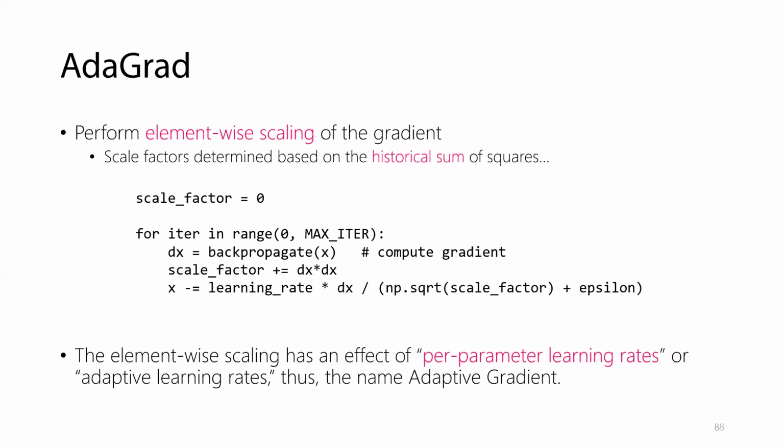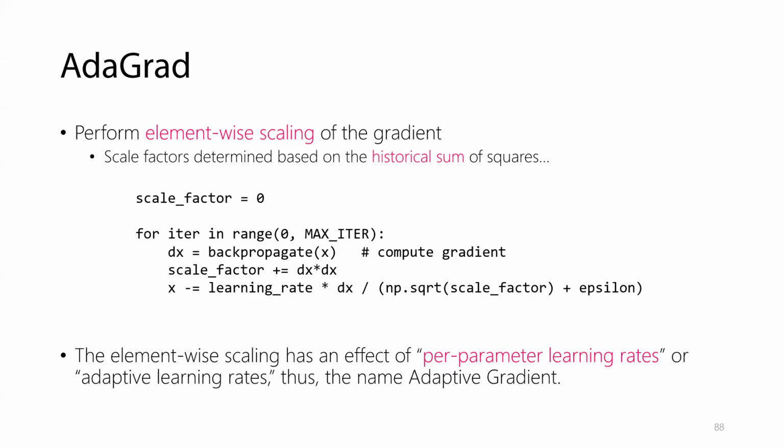So dx is our gradient, and we basically multiply some scaling factor to that dx.